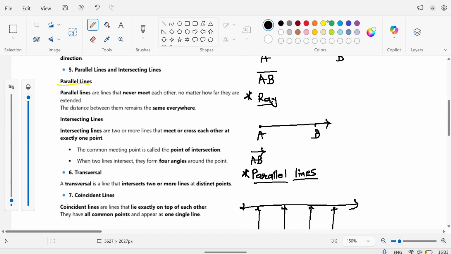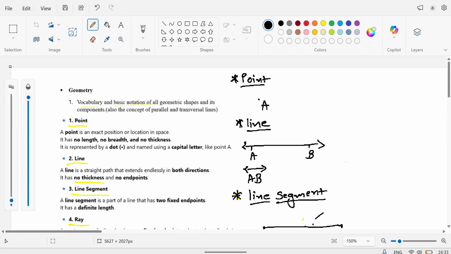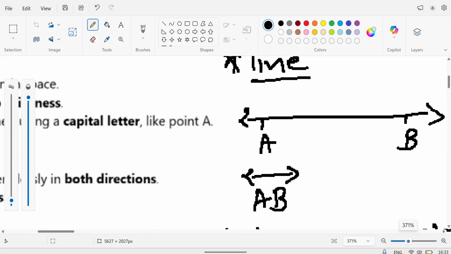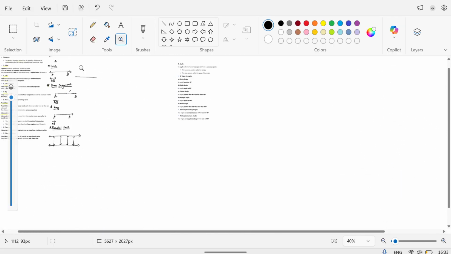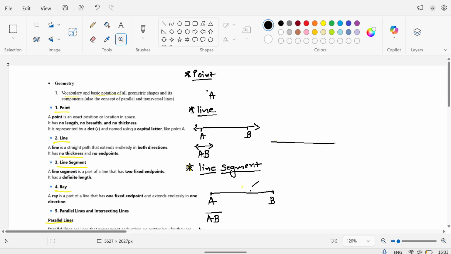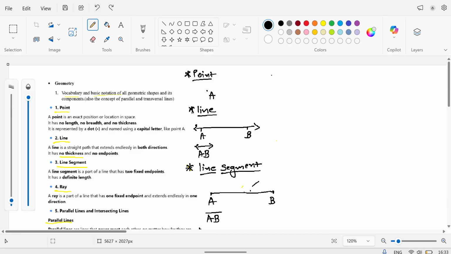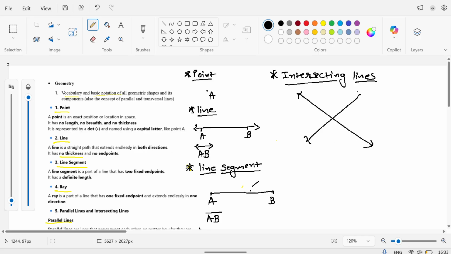The other one is intersecting lines. Intersecting lines are those lines which have only one common point between them.